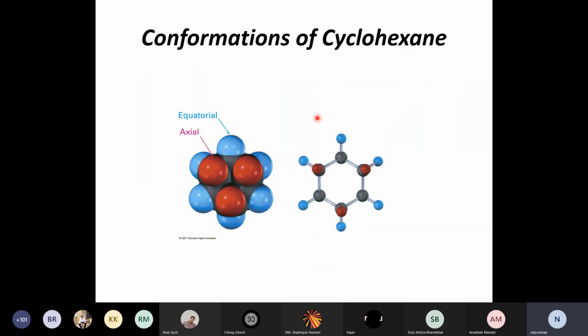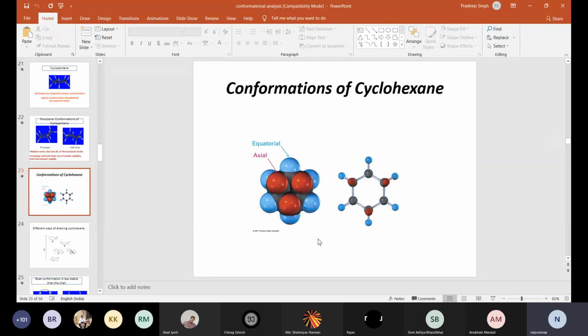So that's what I had to take in this class. Any doubt? What we have discussed in this class: the Gauche-butane interaction and the syn-pentane interaction.